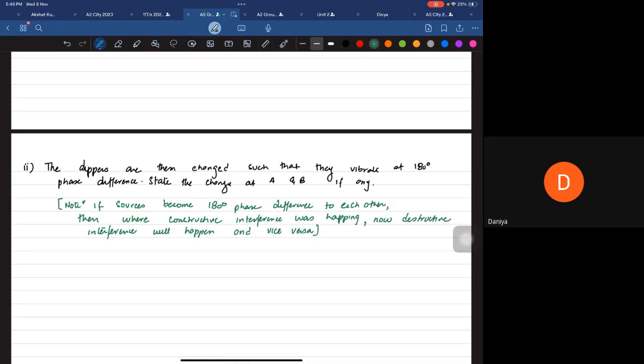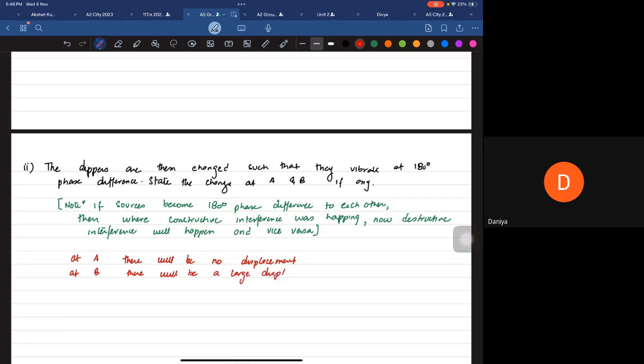Do you guys understand that? So with respect to this question, we can say at A, there will be no displacement now. There was large displacement before. And at B, there will be a large displacement.